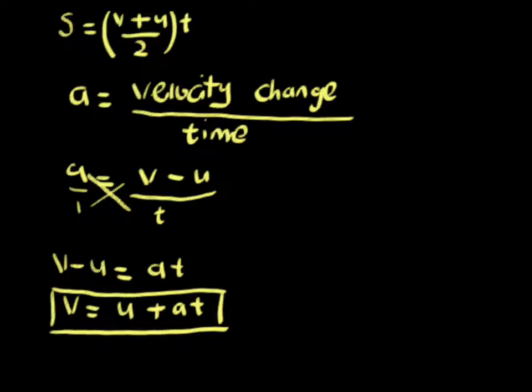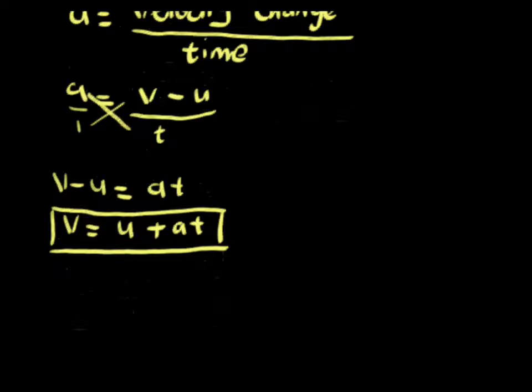Now we are going to substitute the value of v equals u plus at. So we're going to substitute the value of v into this formula, which says our distance s equals v plus u over 2, all multiplied by t. So we have s equal to v plus u over 2 multiplied by t.